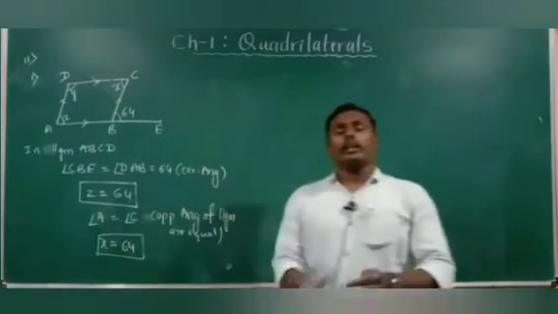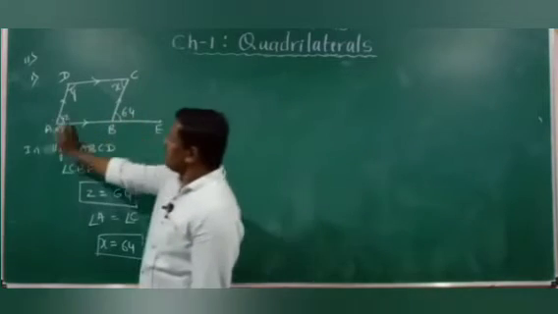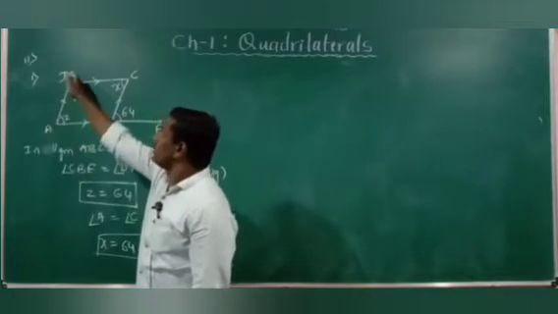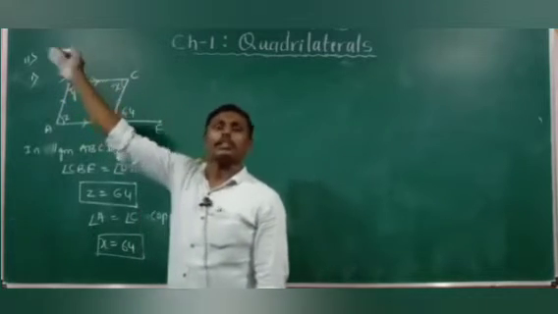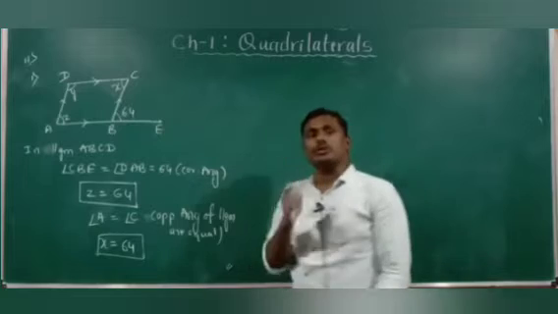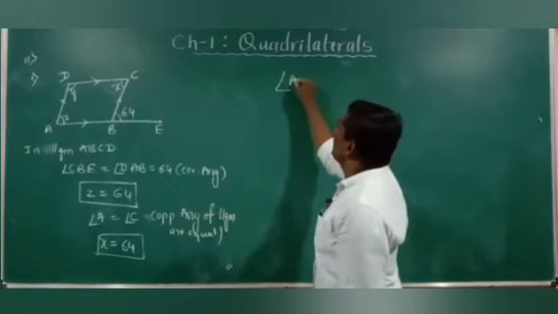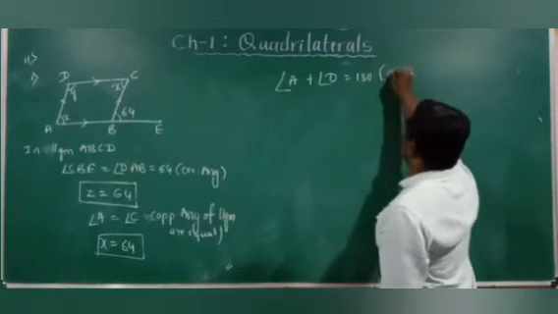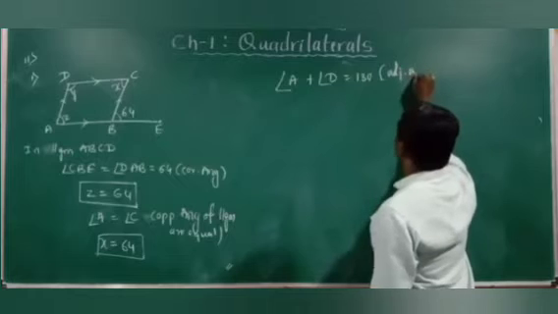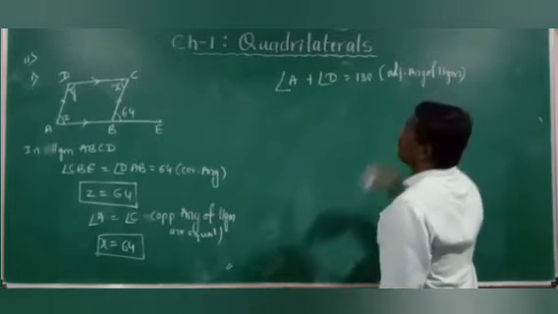Now you can take any two adjacent angles, either A and D or C and D. The sum of two adjacent angles in a parallelogram is equal to 180 degrees. Angle A plus angle D is equal to 180 degrees because these two are adjacent angles of the parallelogram.